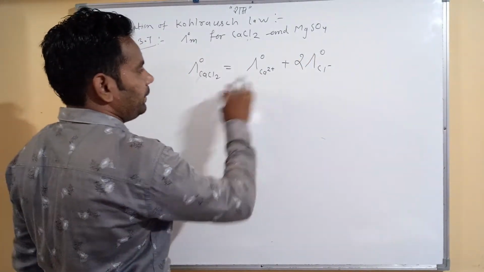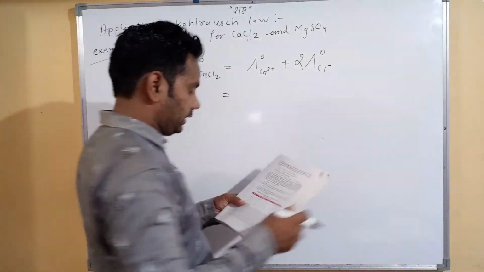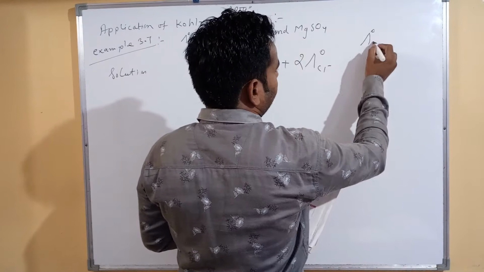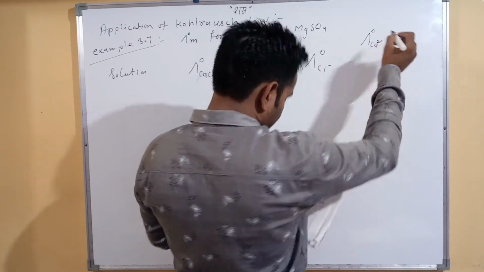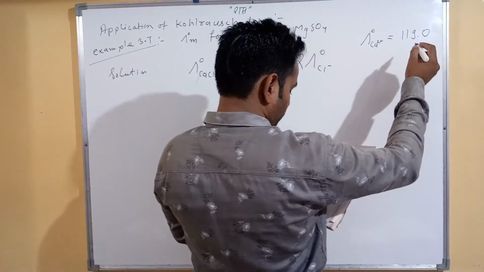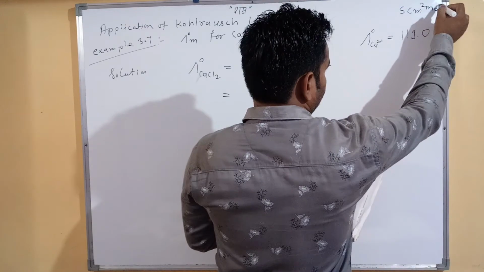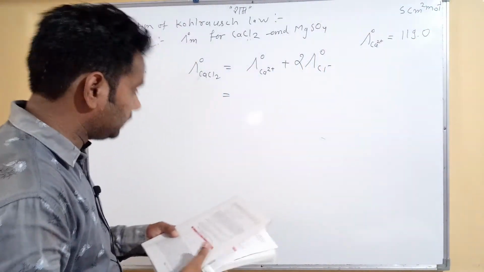Now I put the limiting molar conductivity of Ca2 plus ion, which is given in the table: 119.0, and the unit is Siemens centimeter square mole inverse.